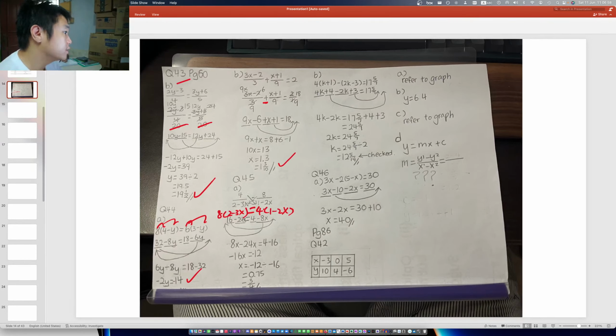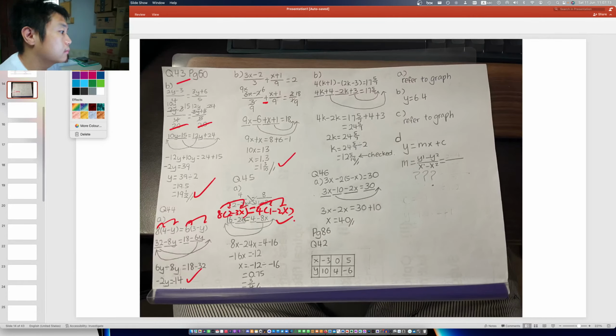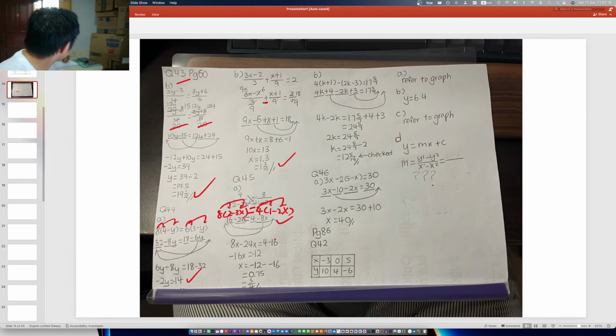You are supposed to include this step. After you include this step, then you open the bracket. And then you will get this. So remember, never skip any step. Okay?